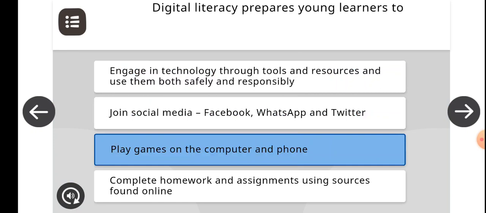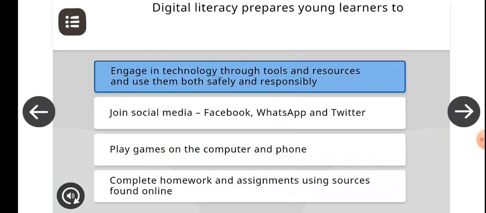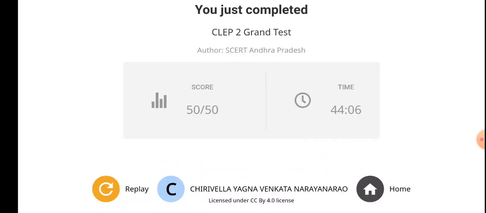ICT doesn't mean these two things, B and C. And to complete homework and assignments using sources found online? No, it doesn't mean that it is 100% useful to complete the assignments or homework. Digital literacy prepares the young learners to engage in technology through tools and resources and use them both safely and responsibly. Option A is the right answer.